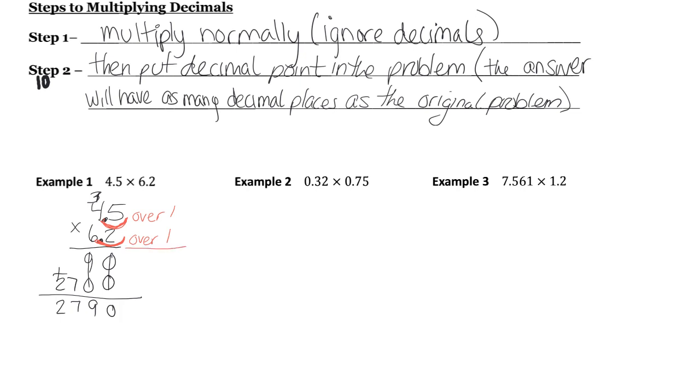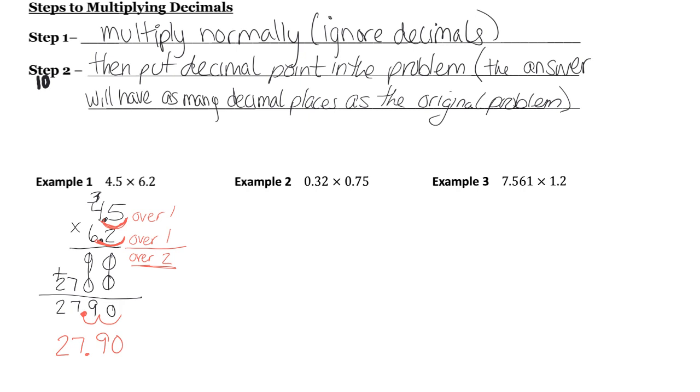In total, we moved twice. So in our answer, we move it once, twice, because originally we moved over twice. So our answer is 27.90.